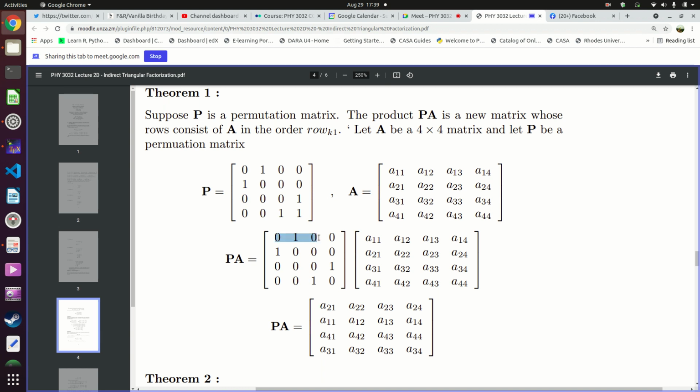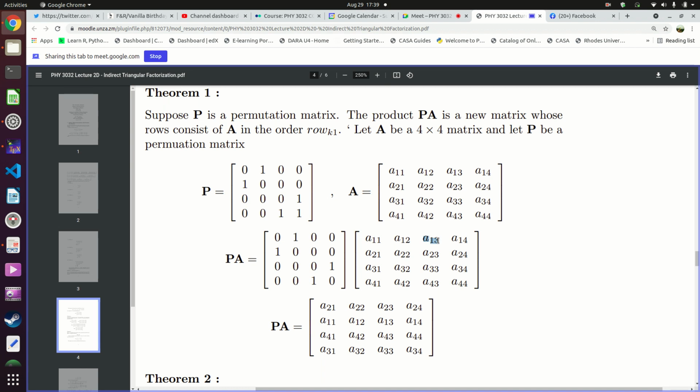Then first row again multiplied by second column. So this will be multiplied by 0, this will be multiplied by 1, this will be multiplied by 0, this will be multiplied by 0, so you end up only having this one, and you put it there. Then this first row multiplied by third column.